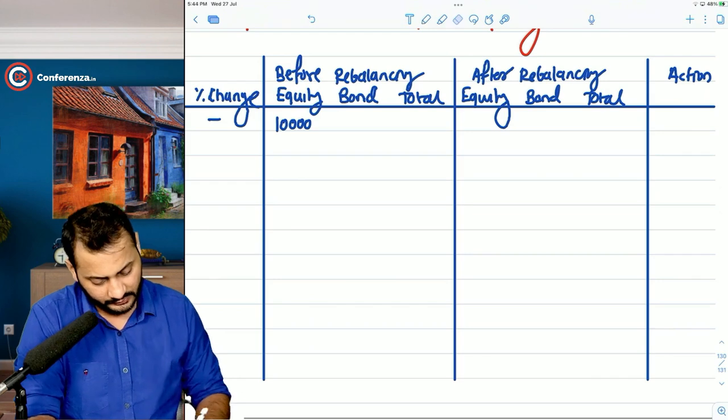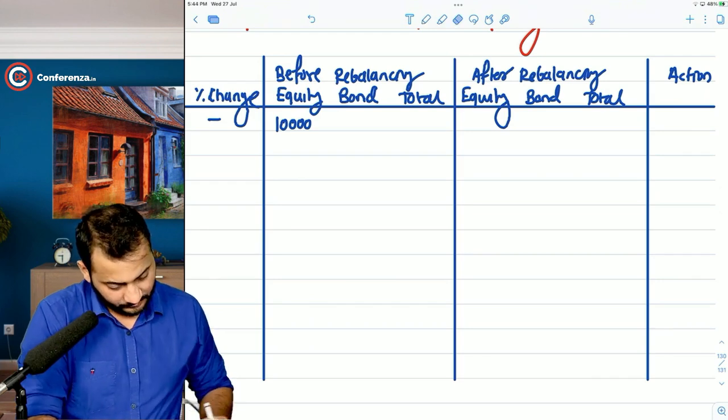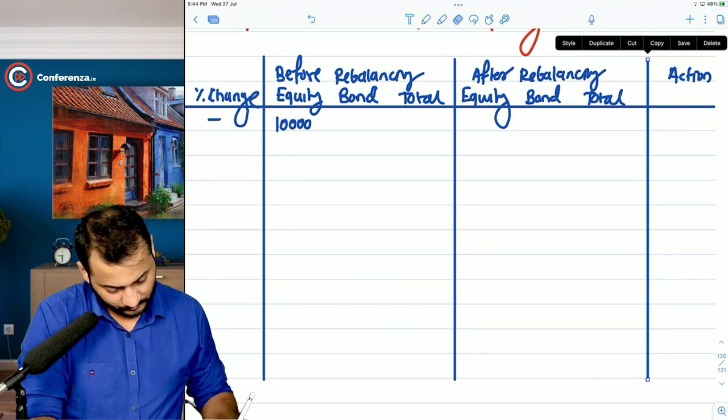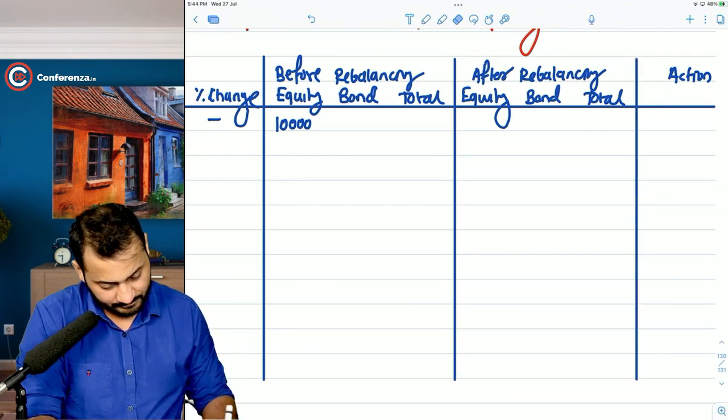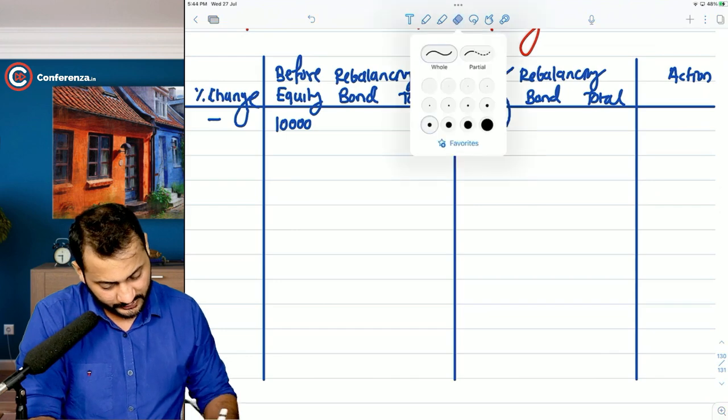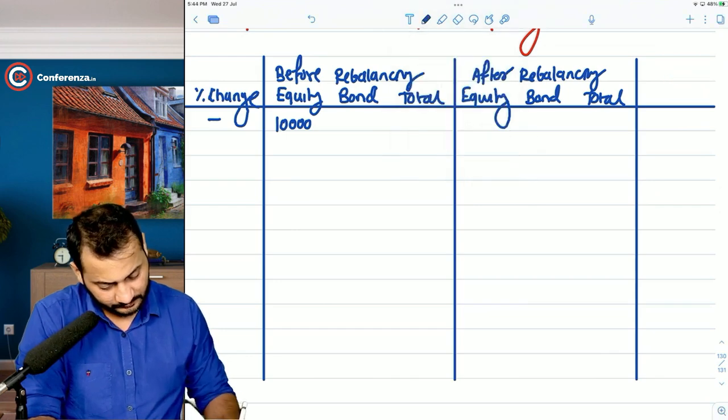Okay, one more thing which is required is we need a space, short of space we can say, action, and this is going to be closing units.